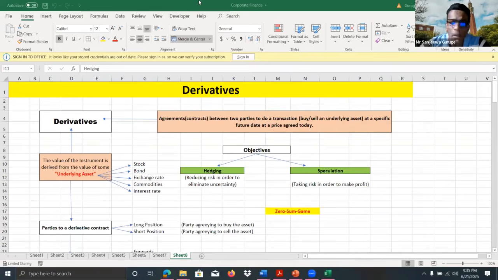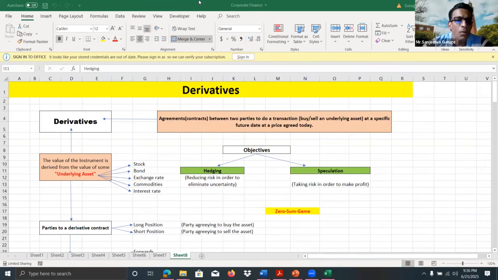So the organization has to both buy and sell foreign currency. This situation can be managed and the risk minimized using derivatives, but derivatives should be used with proper evaluation and proper understanding.